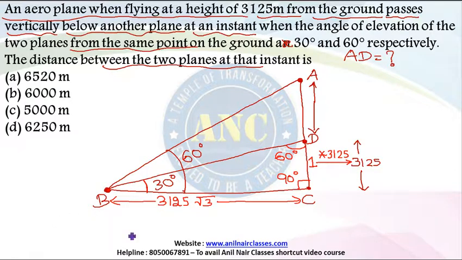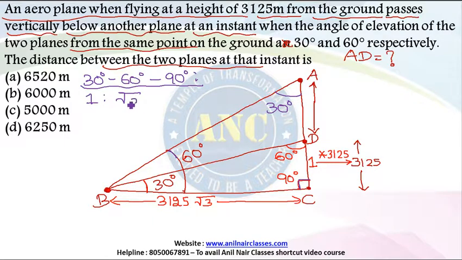Similarly, there is another triangle, the bigger triangle ABC. In that, angle B is 60 and angle C is still 90, so angle A should be 30 degrees. Now this is a 30, 60, 90 degree triangle. Opposite to 30, if it is 1, opposite to 60 will be in the ratio root 3.